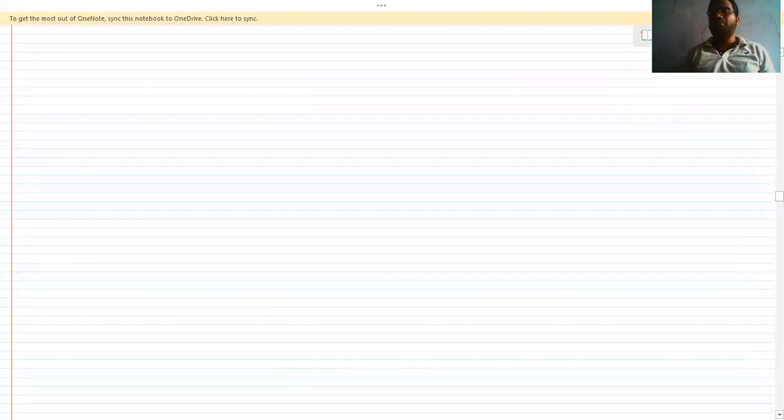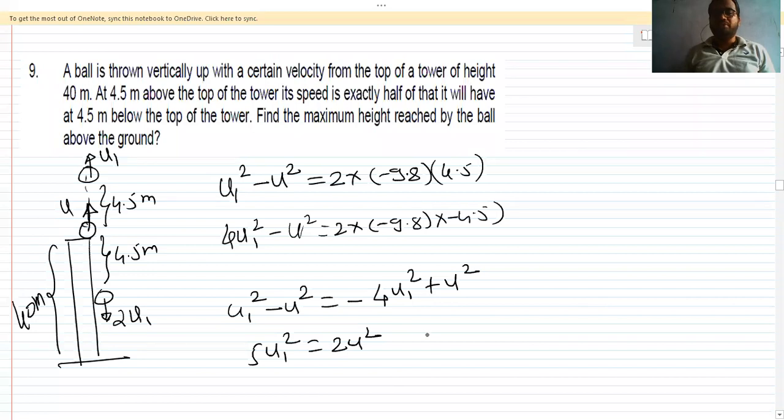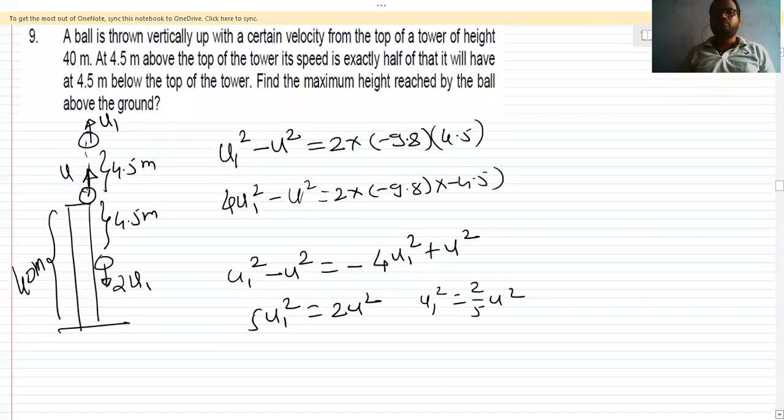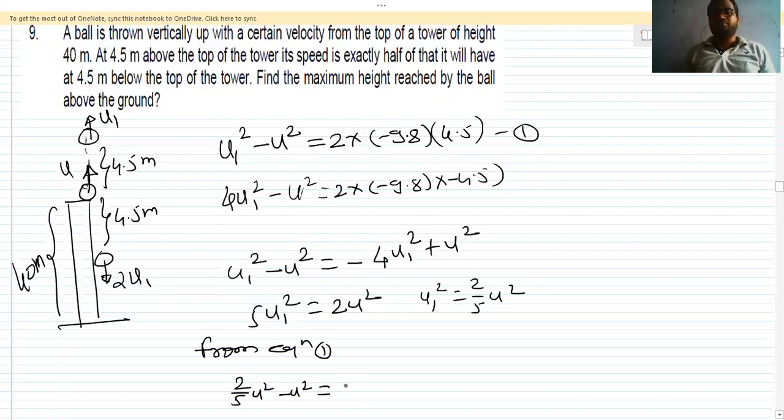So what is the value of u1? As you can see over here, u1 squared value is 2 by 5 u squared. If I put it over here, it will become 2 by 5 u squared in equation 1. From equation 1, we have 2 by 5 u squared minus u squared is equal to minus 9 into 9.8.